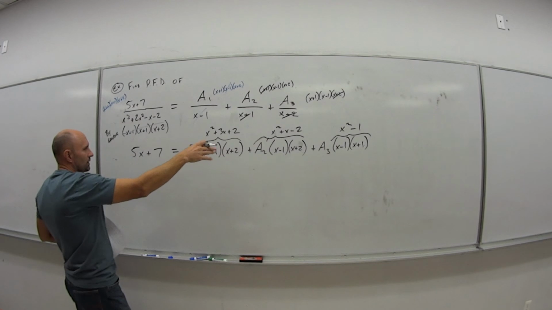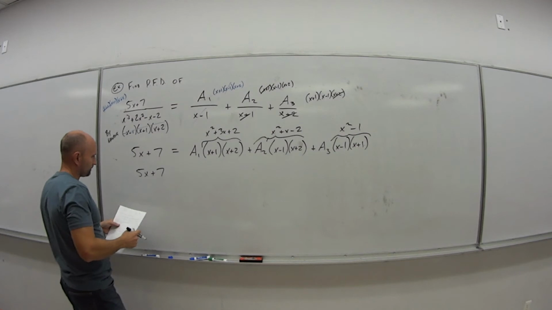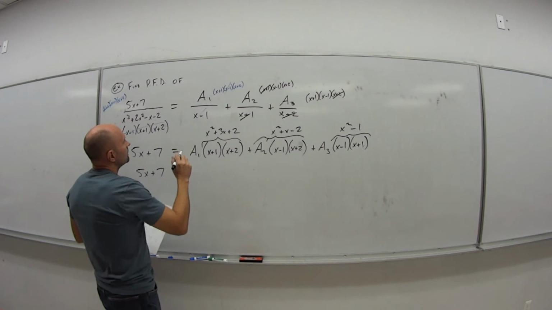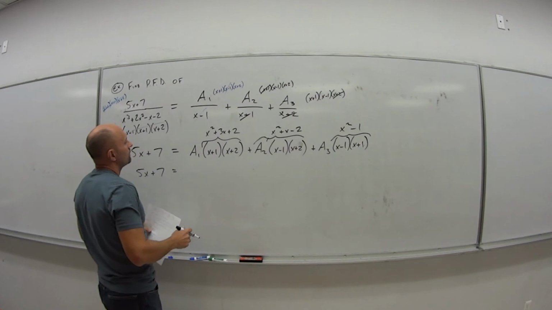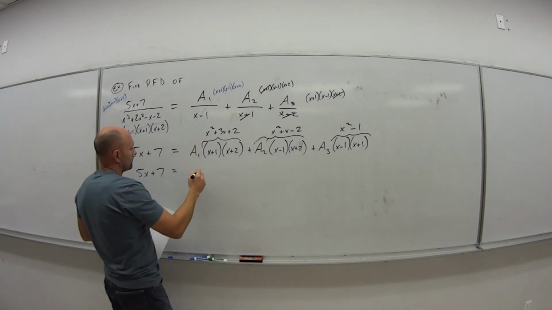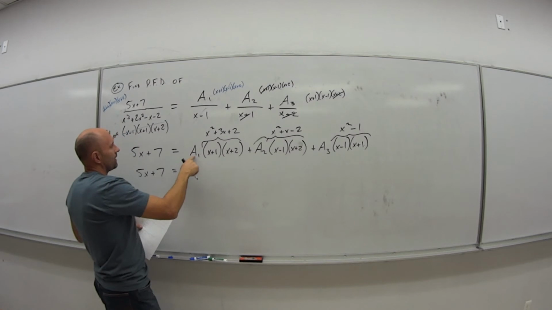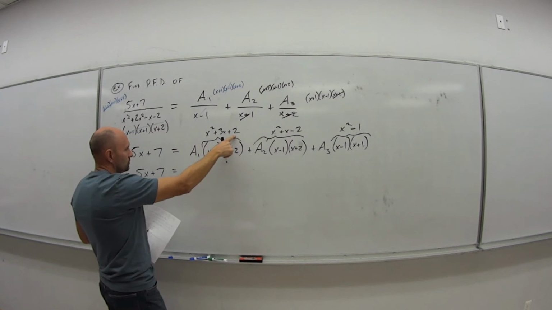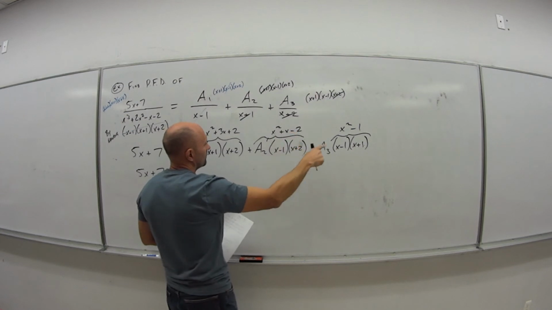So now let me distribute the a1's, the a2's, and the a3's. So I get 5x plus 7 on the left. Here I have a1 times x squared, a1 times 3x, a1 times 2. And then a2 times x squared, a2 times x, a2 times negative 2, and so forth.